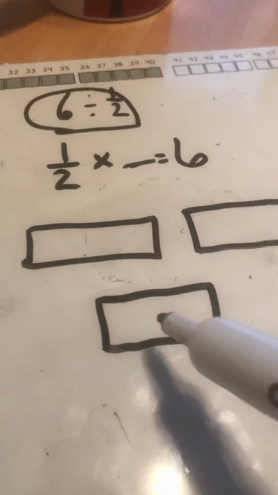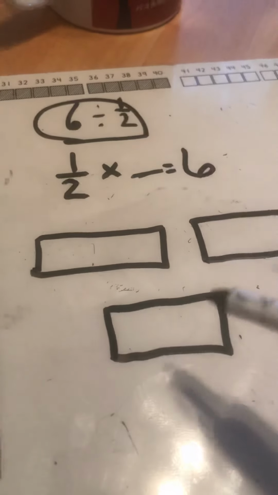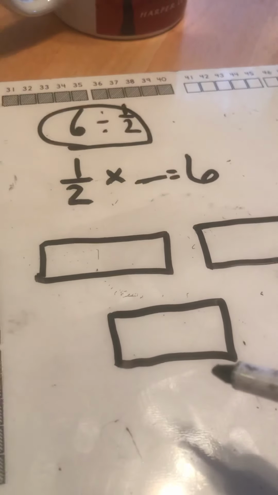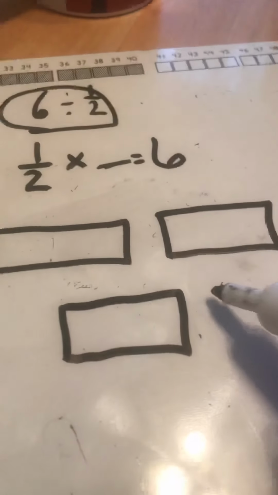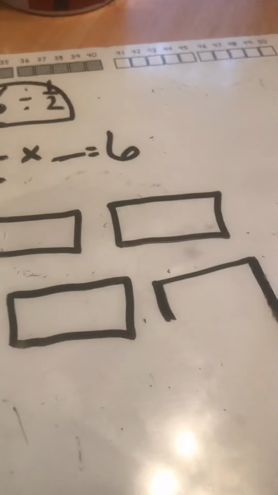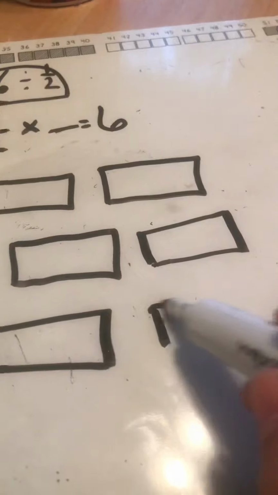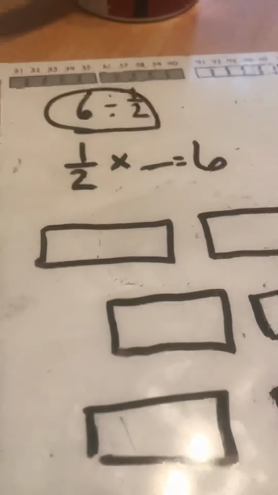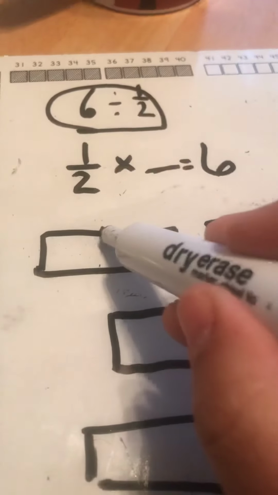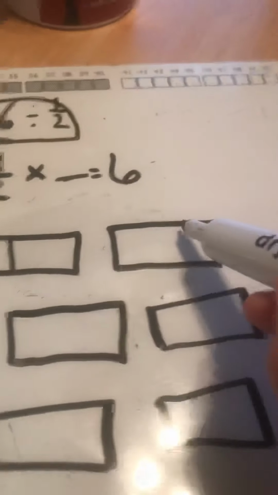If we go back to our original problem, it is 6 divided by 1/2. If we have 6 boxes, that's 6 right here: 2, 4, 6. And I was to break each box into a half.